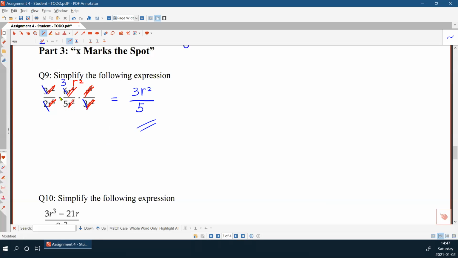Okay, we can do this because this is a multiplication sign, okay? If we have an addition sign, that's another story, okay? Pay attention to this.